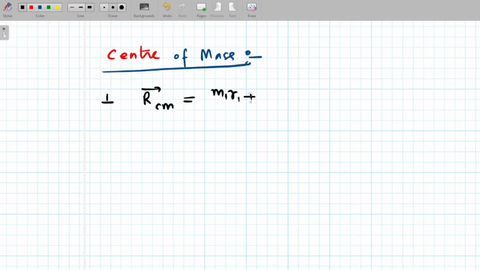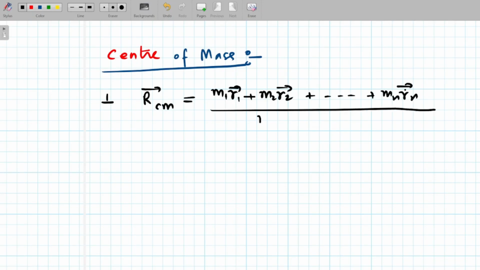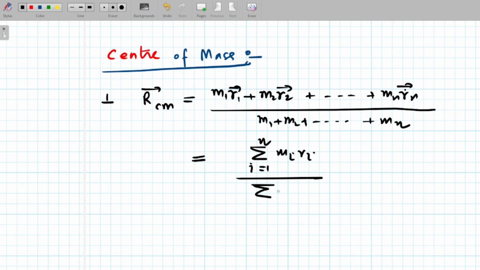M1 R1 plus M2 R2 and so on plus Mn Rn, divided by M1 plus M2 and so on plus Mn. And then we can also write it as sigma Mi Ri, where i belongs to 1 to n, divided by sigma Mi. Agreed? So this was my first learning.